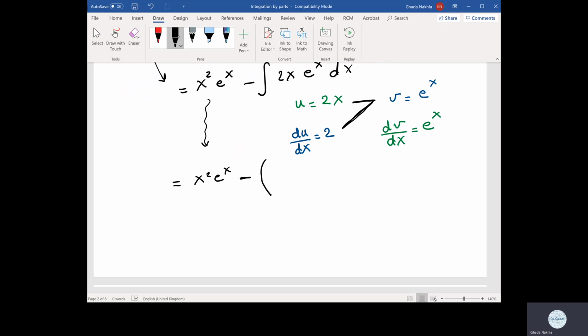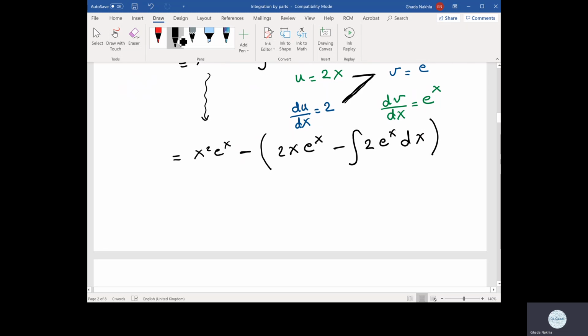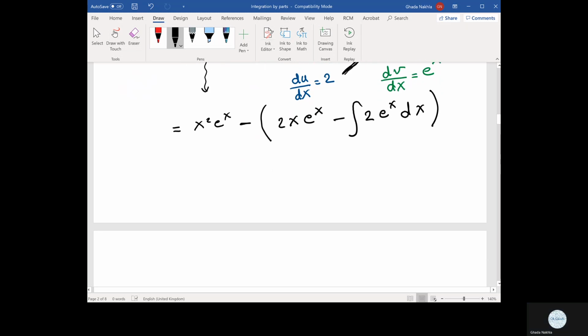So I'm going to go u times v, so 2x e to the x, minus the integration of 2 e to the x dx. And I'm going to close the bracket. And these pair of brackets are really important because they're going to affect our signs in a minute.